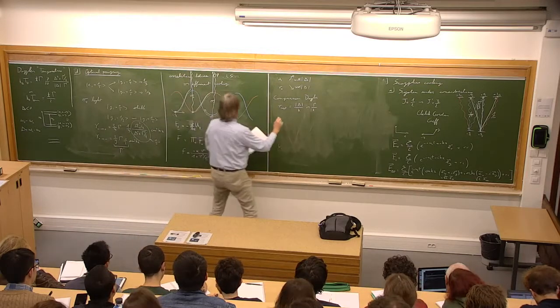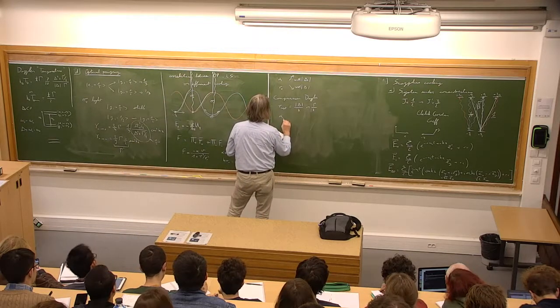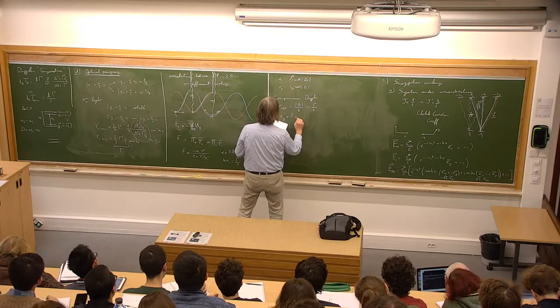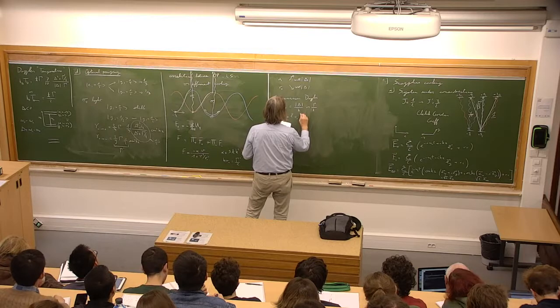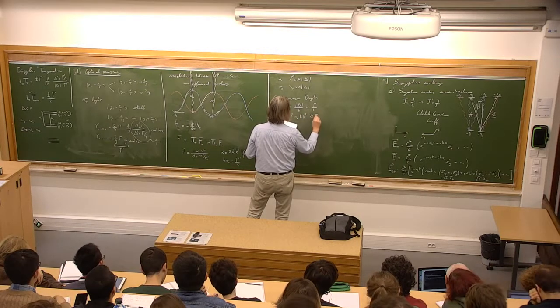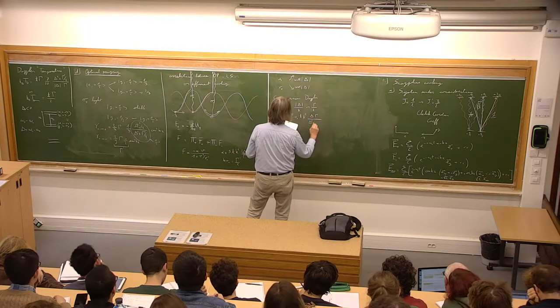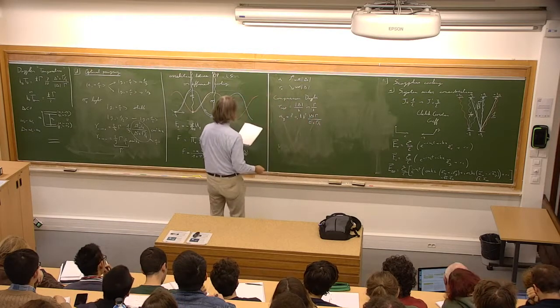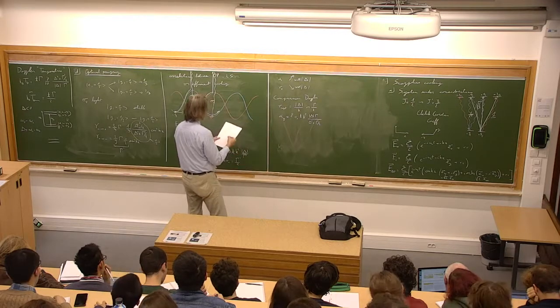And the Doppler friction coefficient was just 2s h bar k squared delta gamma divided by delta squared plus gamma squared divided by 4.